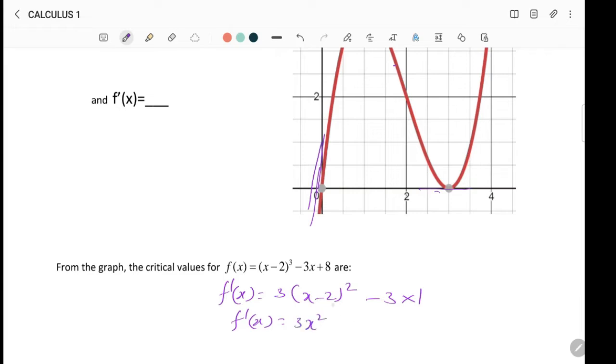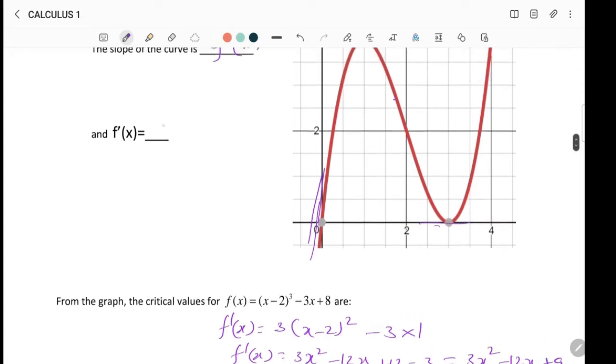The expansion of (x minus 2) whole square is x square minus 4x plus 4. So we get 3x square minus 4x times 3 is minus 12x, and 4 times 3 is 12, minus 3. So I got 3x square minus 12x, and 12 minus 3 is plus 9. So I should write this: 3x square minus 12x plus 9.